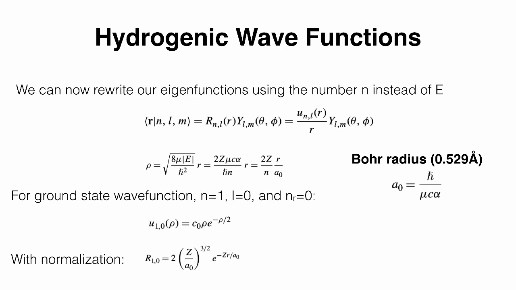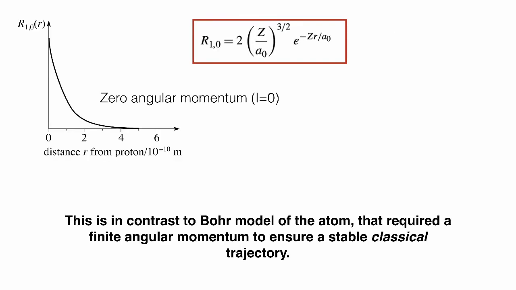And that means that with the normalization and taking into account the radial wave function, we find that the wave function for the ground state behaves like a decaying exponential, as provided here, with a typical length scale a0, which is called the Bohr radius, which is 0.529 angstrom, and which only depends on constants of nature and, of course, the reduced mass of the proton and the electron.